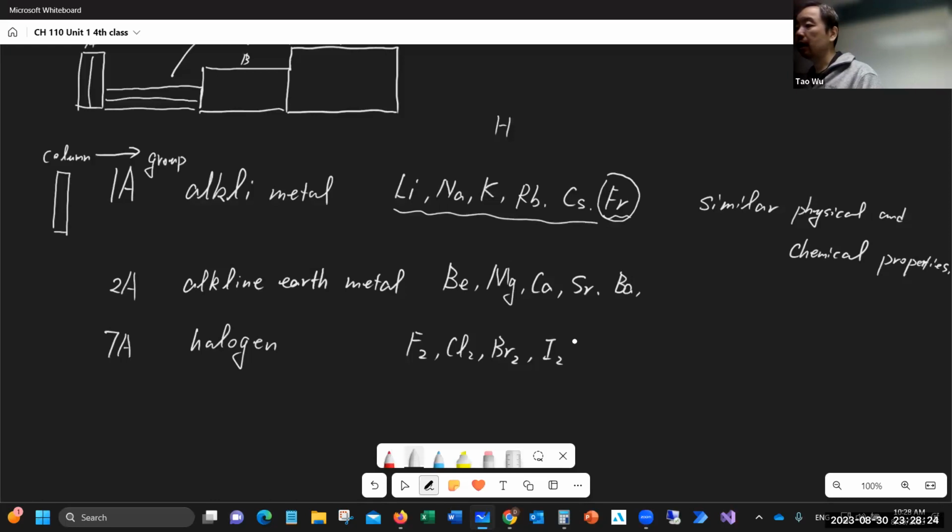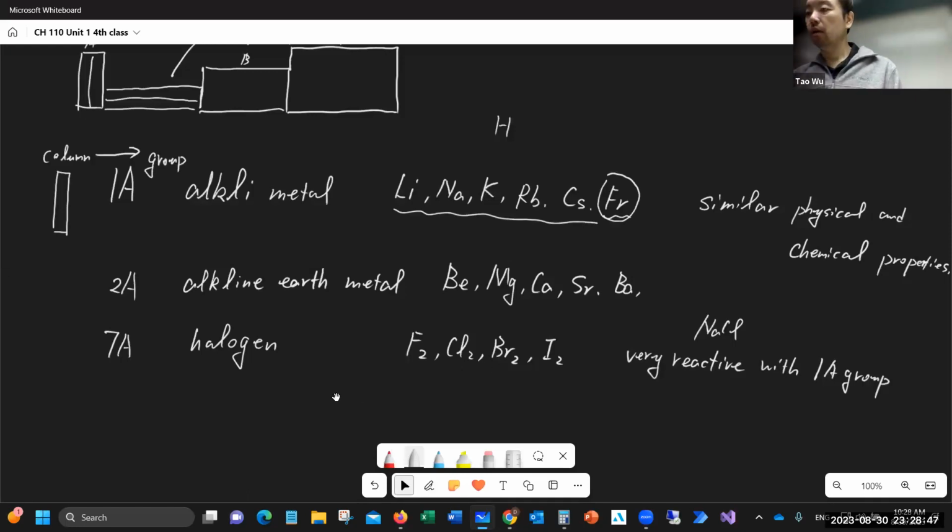For example, they are very reactive with the 1A group. One example is sodium chloride, which forms very easily.